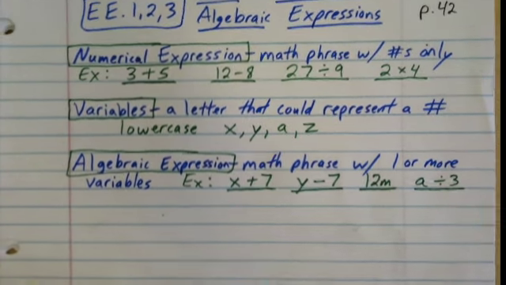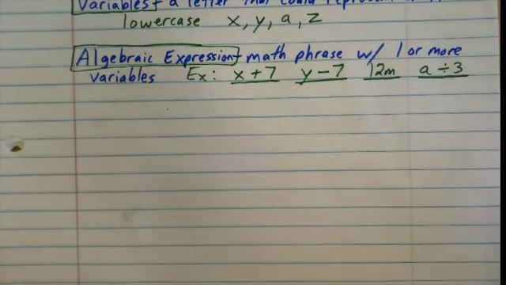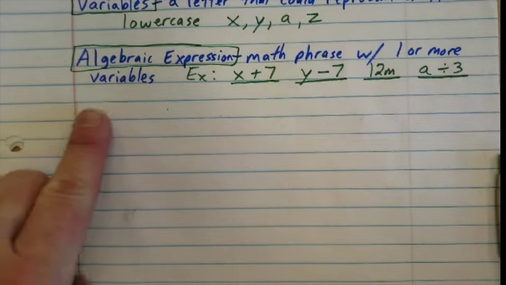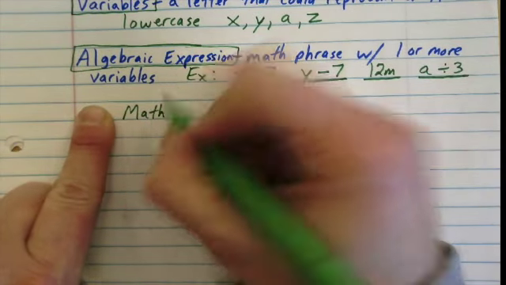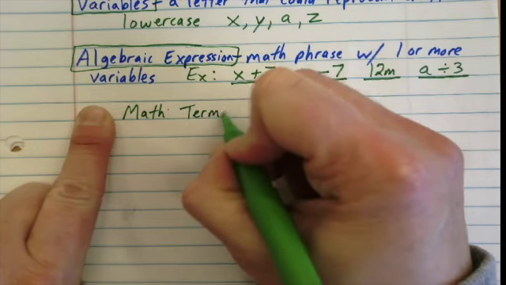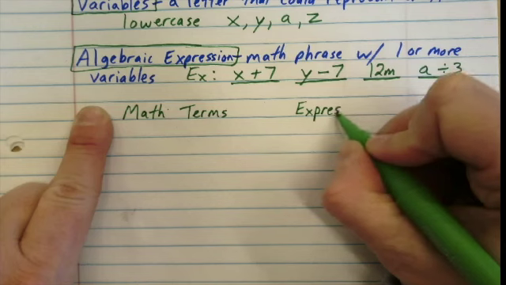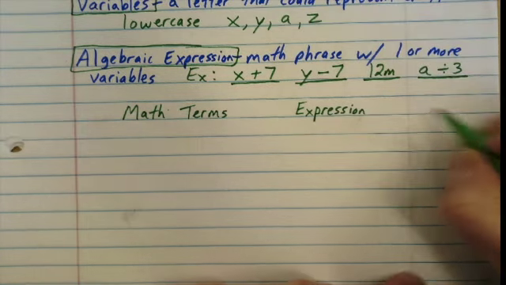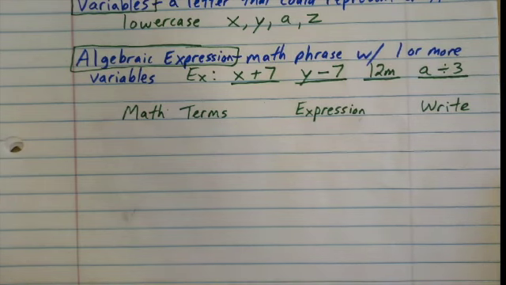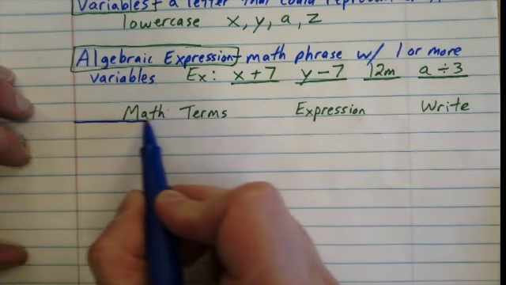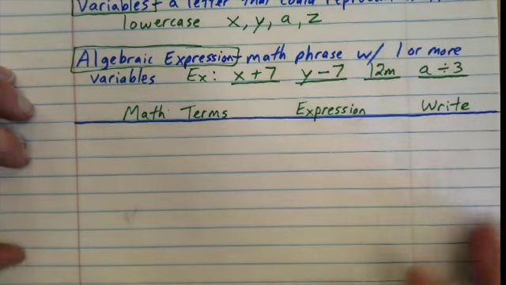The next part in our notes, we're going to make a little table. And the table, I want to leave a little space here for the red line. You're going to have math terms. And then you're going to have the expression. And then you're going to be asked to write that. So we're going to kind of trace this blue line here, making our table.